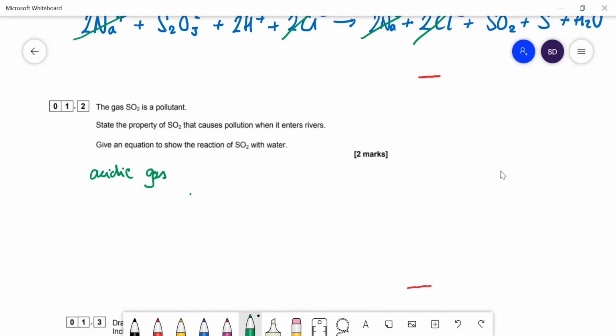Well, SO2 reacts with water to form the weak acid H2SO3. So that's your period 3 oxides part of the syllabus, that's where that comes from. H2SO3 is a weak acid. We'll just add state symbols: aqueous, liquid and gas.